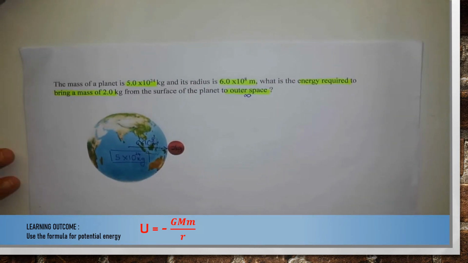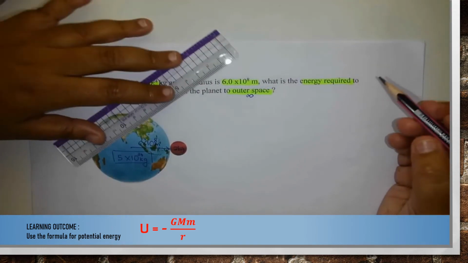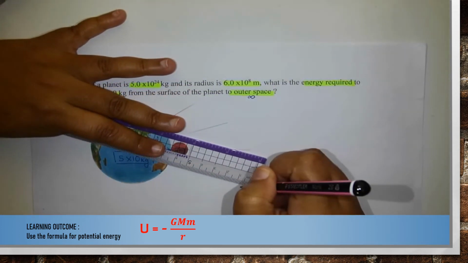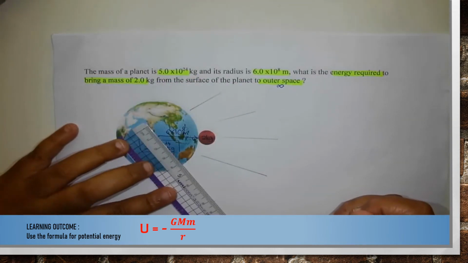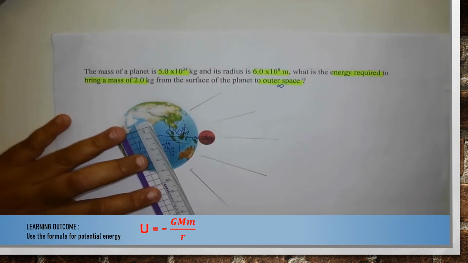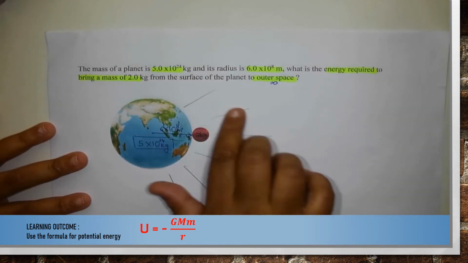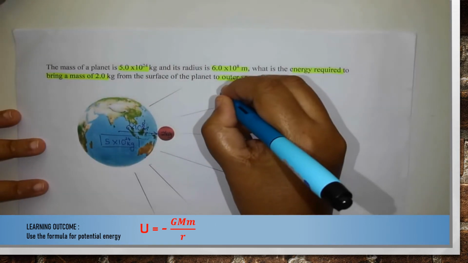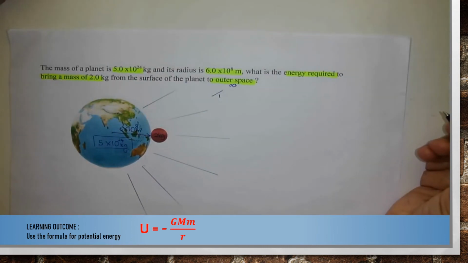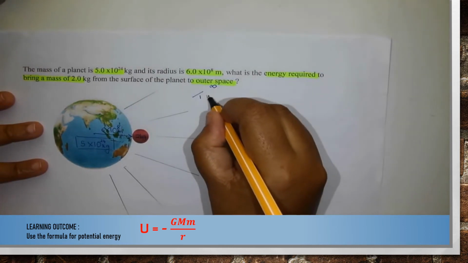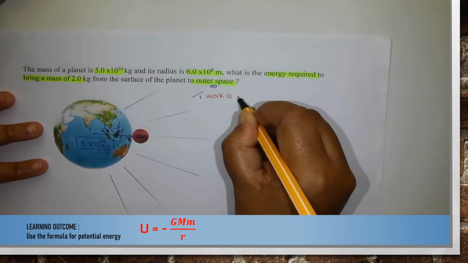Now we know around the planet there is a gravitational force which is towards the center of the earth. So I'm just going to roughly draw, class. Here the planet is in the gravitational field. So what is the first concept, class?